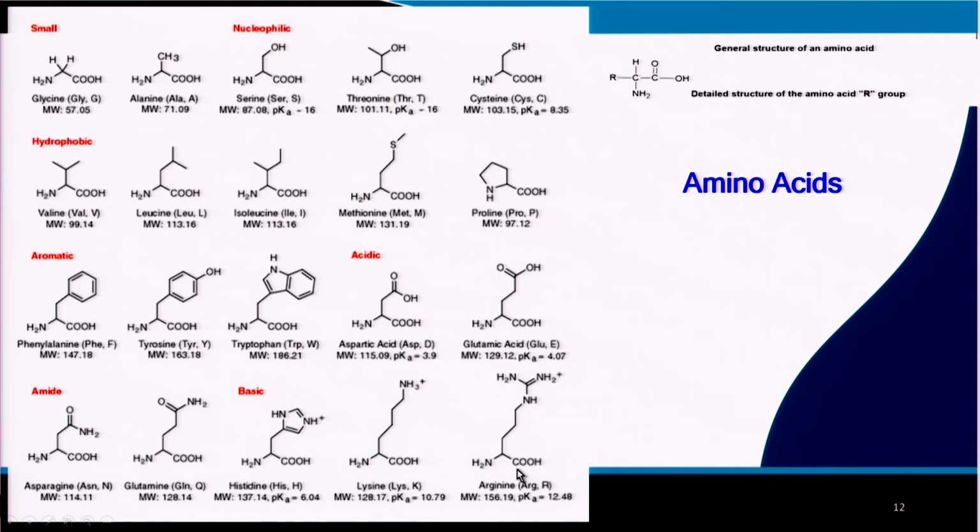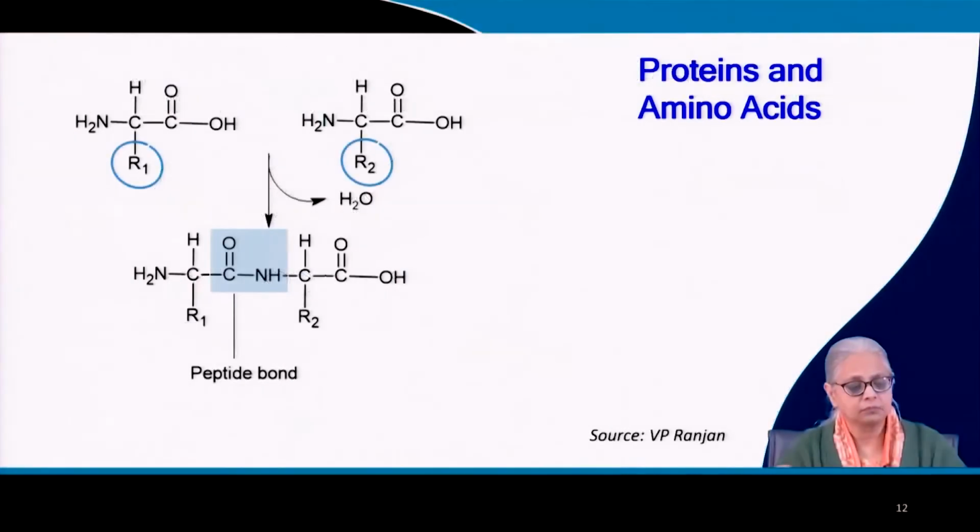So these are the 20 common amino acids that participate in the formation of the primary structures of the polypeptide strands. And then the nature of these functional groups will determine how the proteins fold within themselves and around the other polypeptide strands. So this is crucial to the bioactivity of proteins.